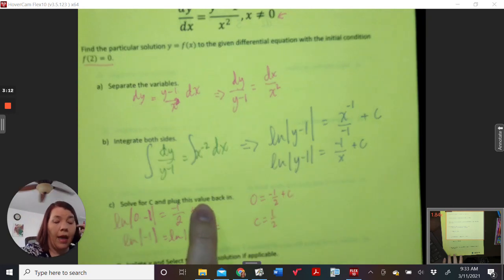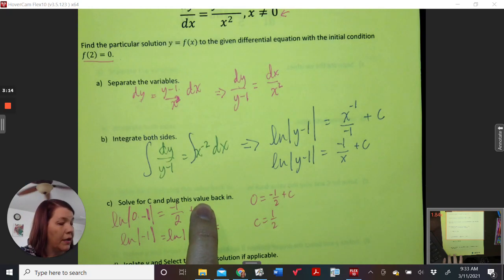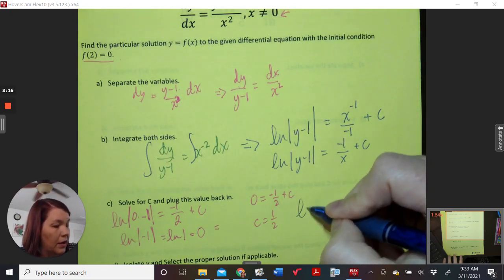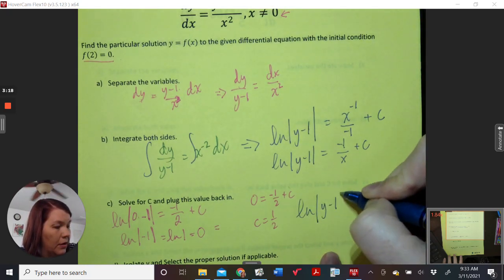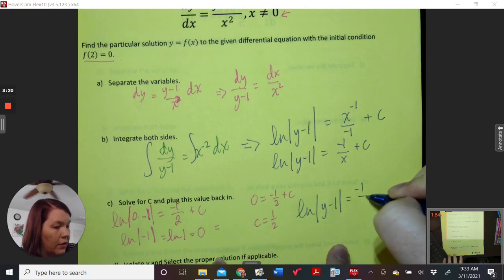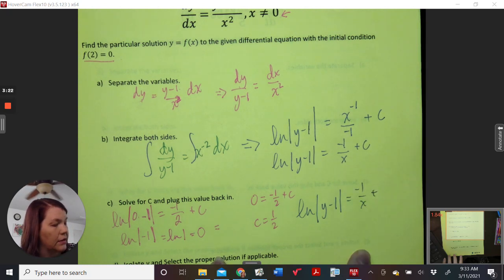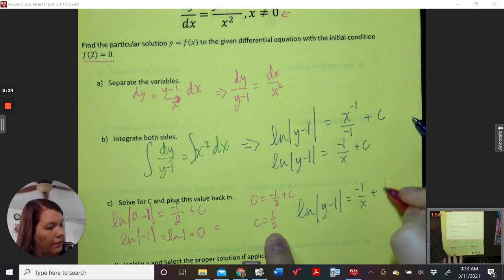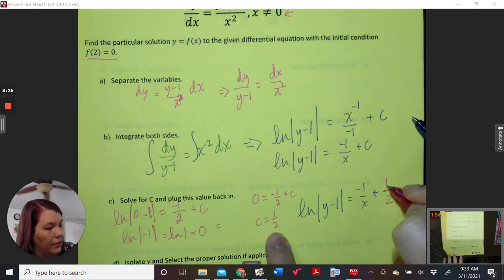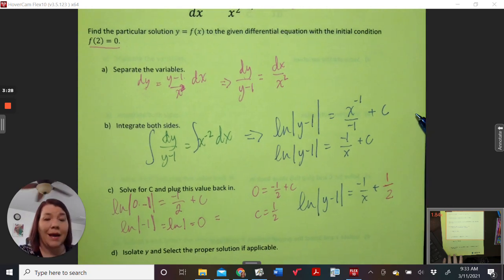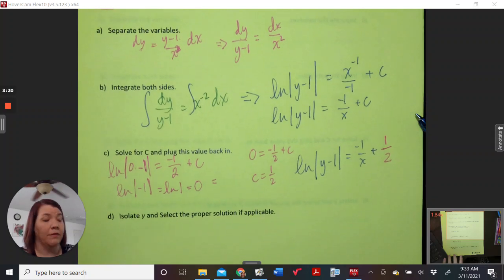And plug the value we just found back in. So I'm going to take my equation, ln absolute value y minus 1 equals negative 1 over x plus c, which is 1/2. Okay. Isolate y and select the proper solution if applicable. So now we're going to isolate y.